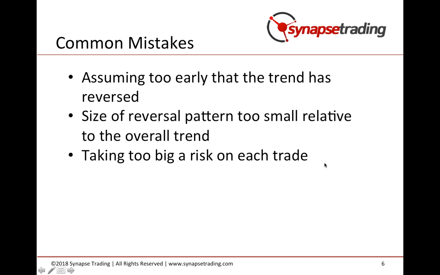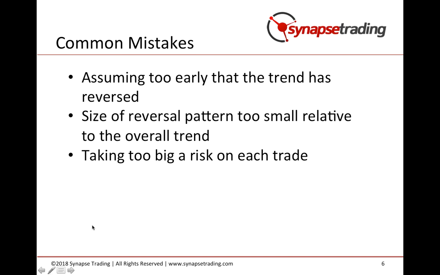So what are some of the common mistakes that traders make? The first common mistake is that people tend to assume that the trend reverses too early. So what do I mean by that? Typically a trend is something that is very strong and it lasts a long time.